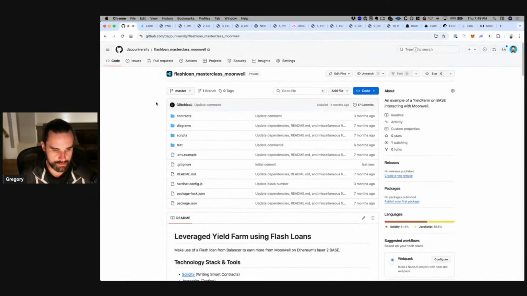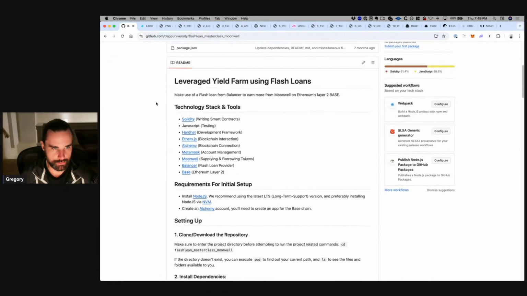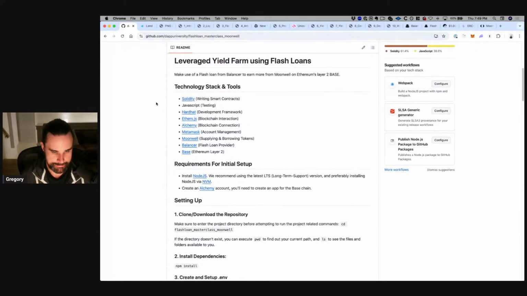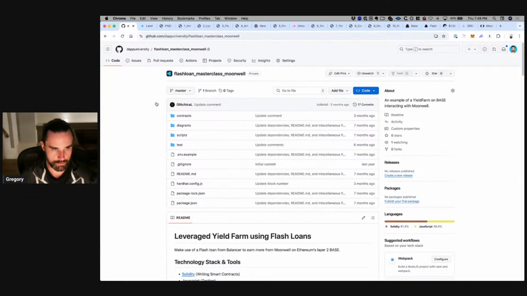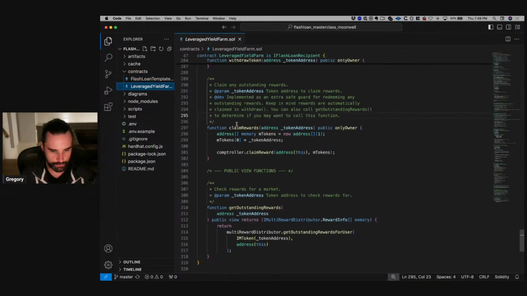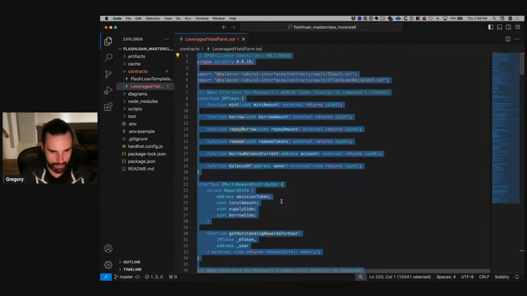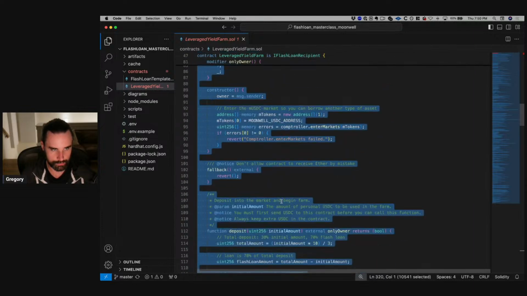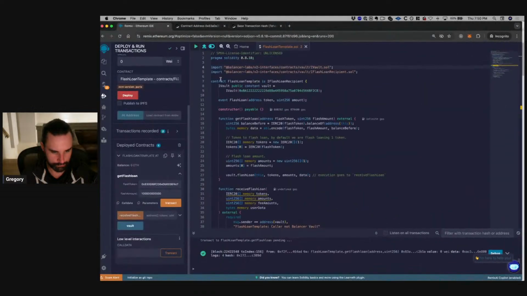So in order to do this, we are going to jump back into our code here, the VS Code. We're going to leverage yield farm. We're going to copy this, and we're going to go to Remix.